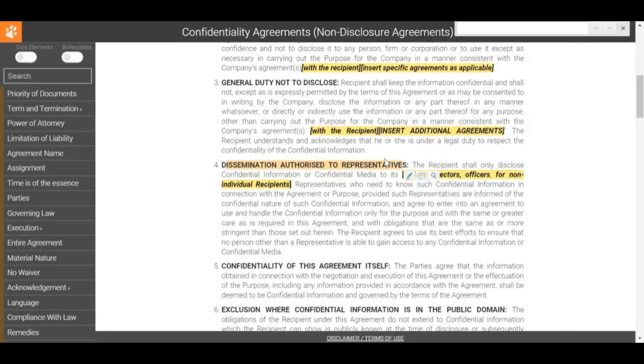Often this dissemination will be restricted to an as-needed or as-necessary basis. Authorized representatives will be liable for breaches of the general duty not to disclose as if they were signatories to the agreement, through whatever contractual manner is specified within the agreement.